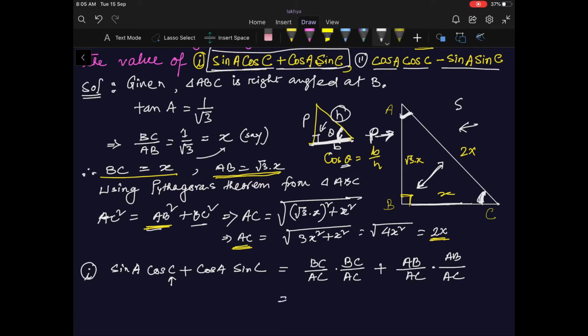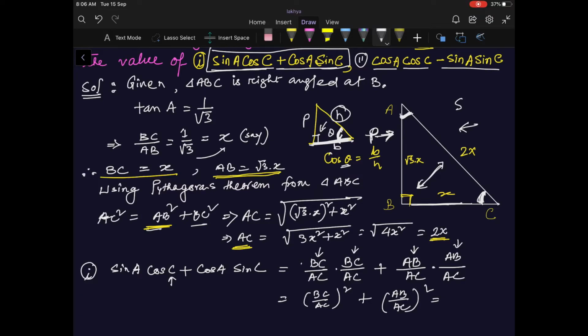Now here you see, this is BC by AC into BC by AC, that's equal to BC by AC whole square, plus this is also AB by AC into AB by AC, so AB by AC whole square. So BC is what?